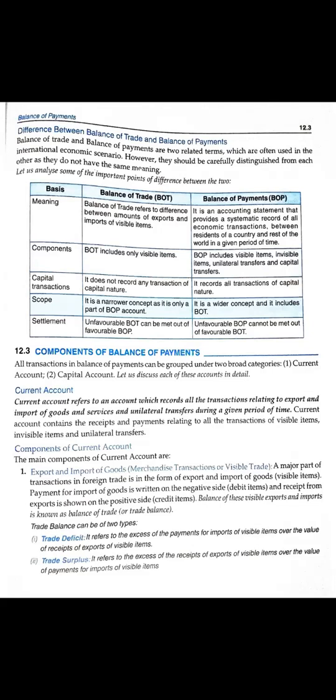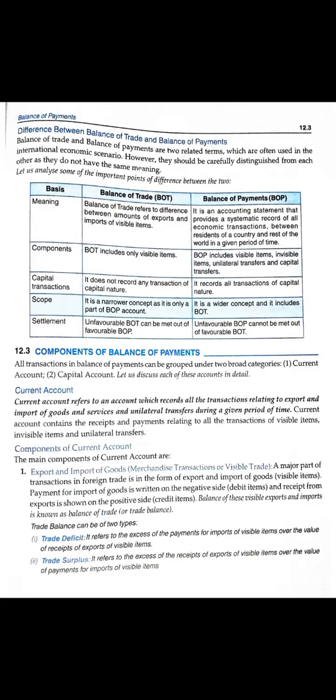Whenever we import, that means purchasing from other countries, there will be outflow of money. Outflow means we have to pay from our side, so that will be noted on the debit side, that is the negative side. Okay. So the balance between these two, export and import, is called balance of trade.